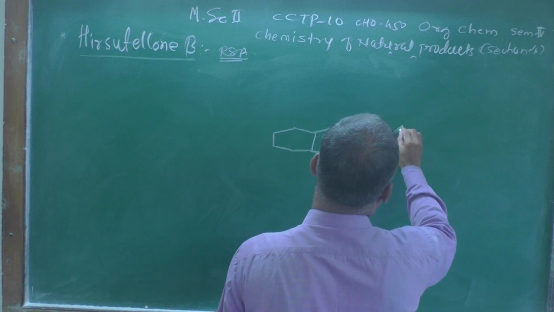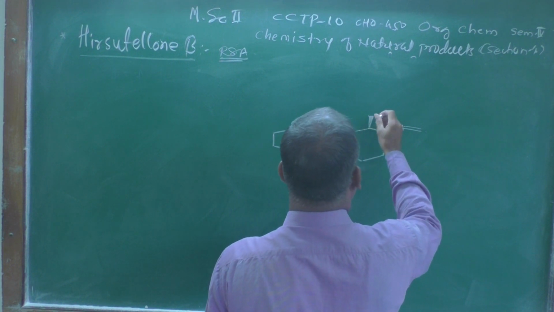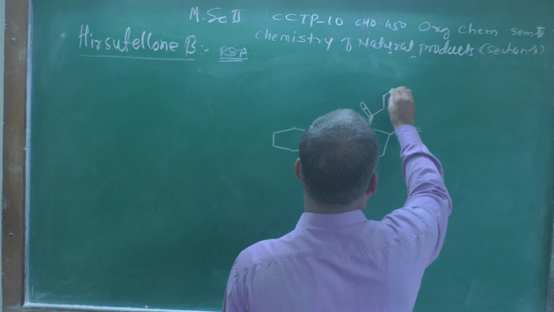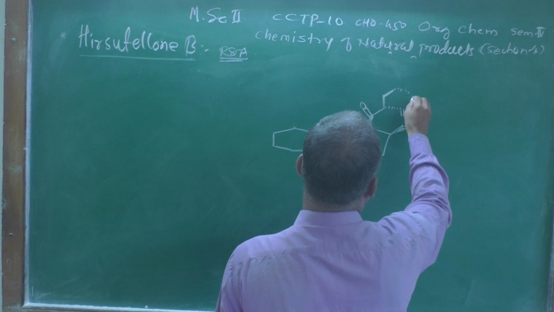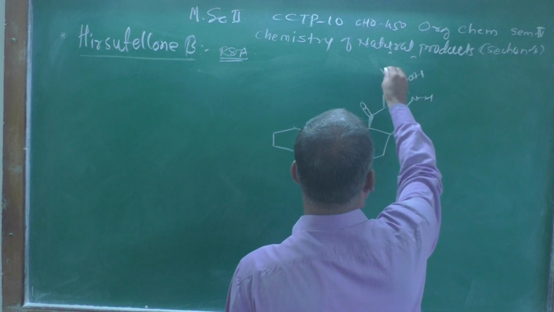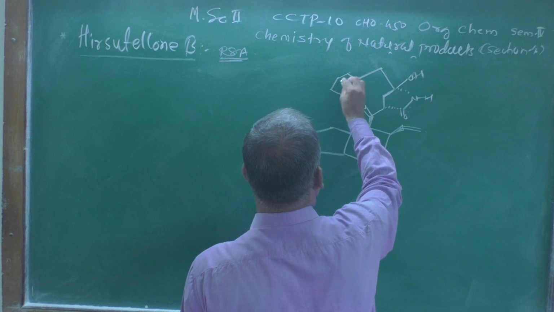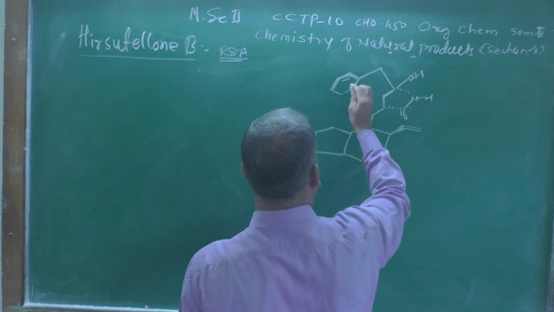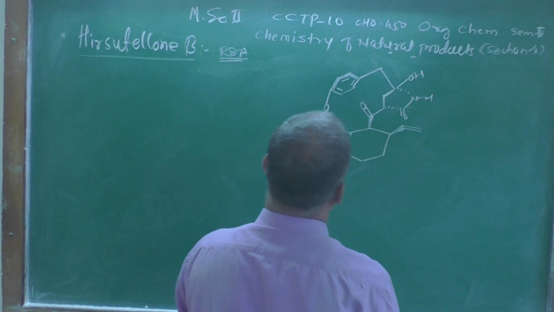Look carefully: C double bond O, then double bond O, NH, there will be the hydroxy, and because there is a need to show the stereochemistry of this compound, then O, then this is the compound.